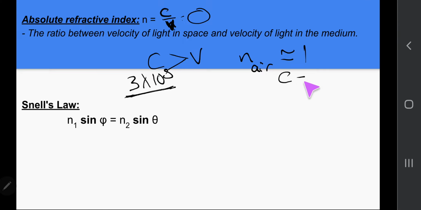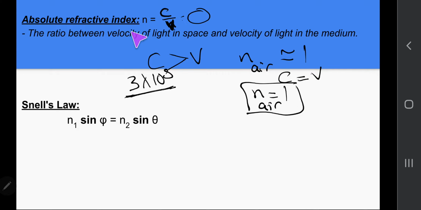I mean C equals V. So N equals C over V, and C over V is 1, two equal numbers, so N equals 1. This is in air. We must know the absolute refractive index in air equals 1. But the absolute refractive index in each medium is calculated by C over V, where C is the speed of light in space and V is the speed of light in this medium.